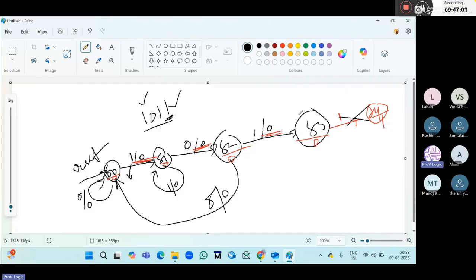This current state will generate 2 inputs, right? One value and 0 value. Where do we send this 1 value and 0 value based on the sequence to detect? 1 to S1.